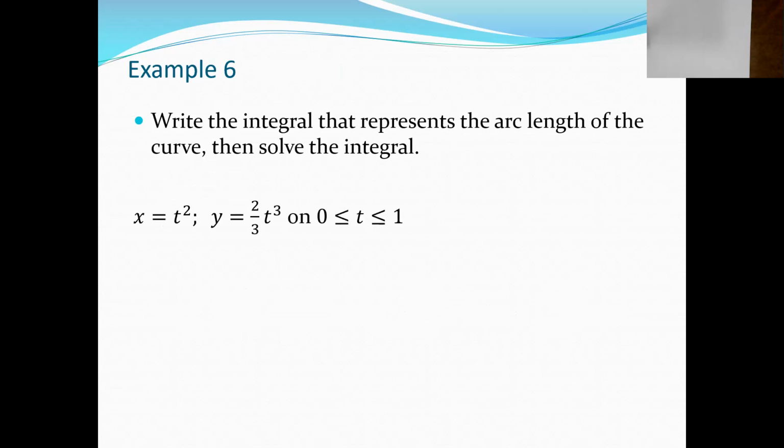You're always going to be on some finite domain, because chances are, if I ask you to do the arc length of a curve from negative infinity to infinity, it's probably going to be infinity, unless some odd thing happens that reduces down. But if that curve is continuous and differentiable, it's probably going to be infinity.